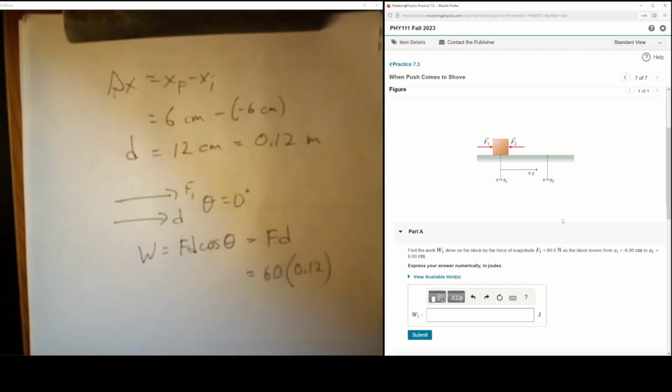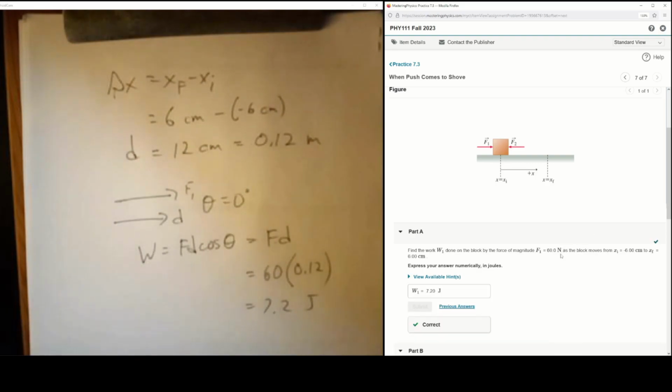And then my calculator says force 1, this force from the left pushing to the right, does 7.2 joules during that displacement.